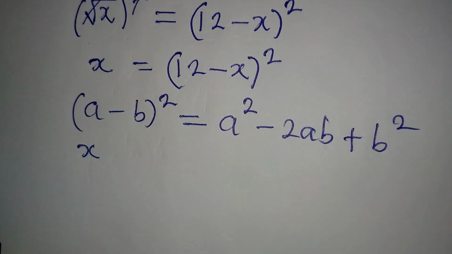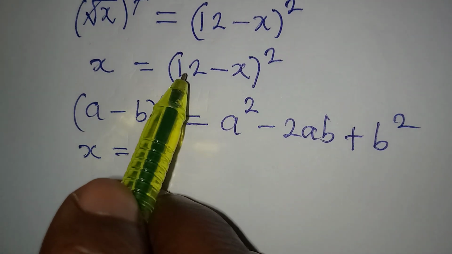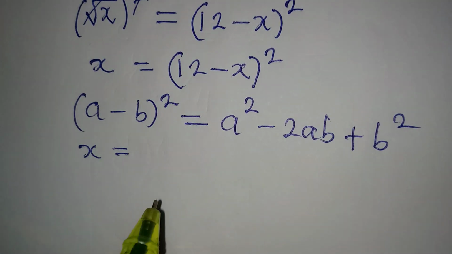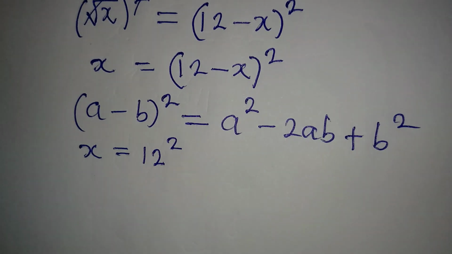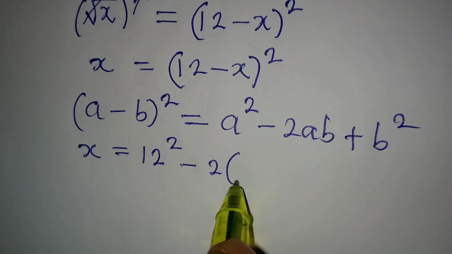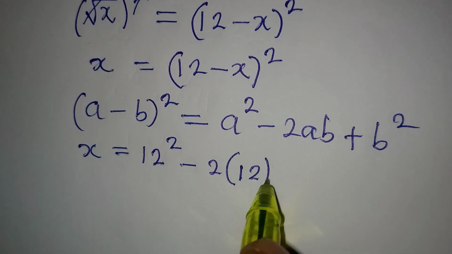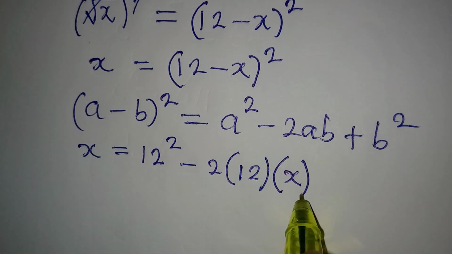But then we have x over there, which will be equal to our a now is going to be 12. So we'll have 12 squared over here minus 2 multiplied by a, which is 12, multiplied by b, which is x, right?